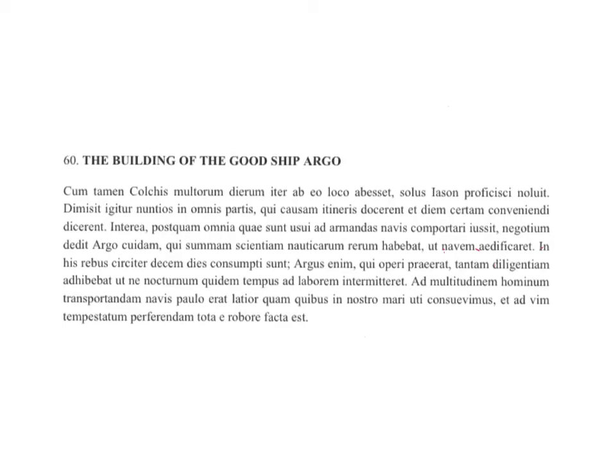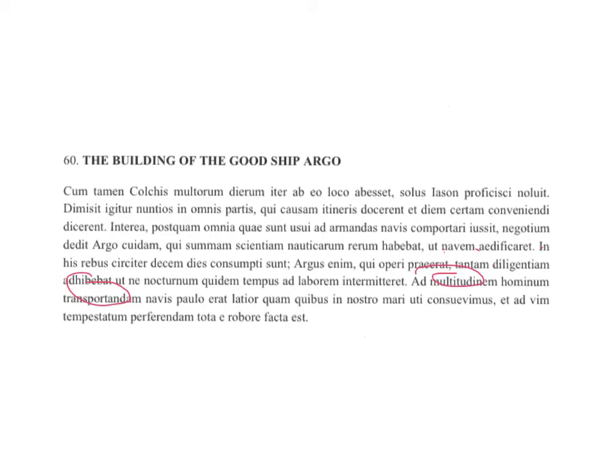Transportandam there is the gerundive that we've got, agreeing with the multitudinem. So the ship was wider for the crowd of people to be transported. So you've got there this passive gerundive.